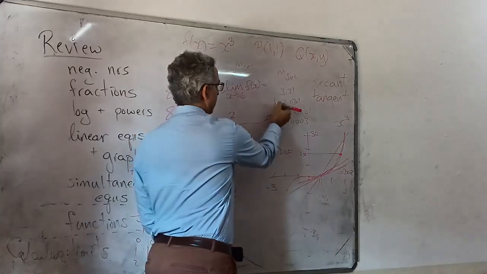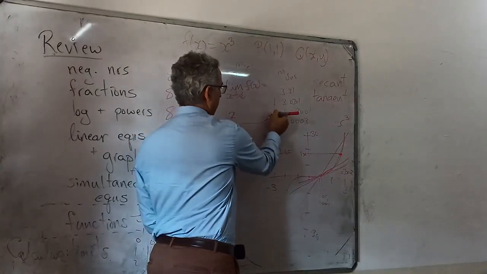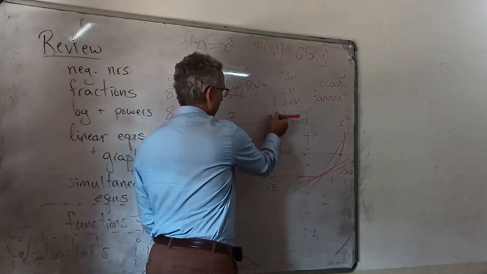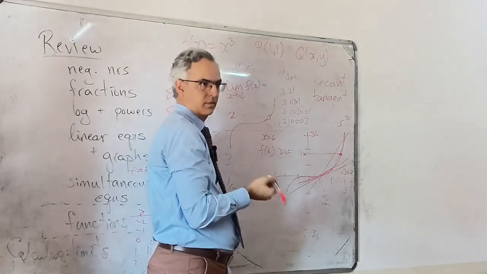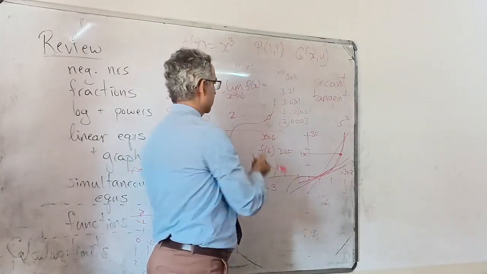This point, and this point, and this point, they're all getting closer to this. So the limit is 2.